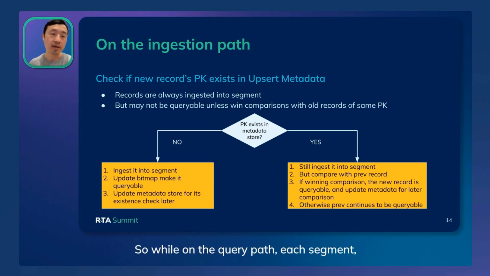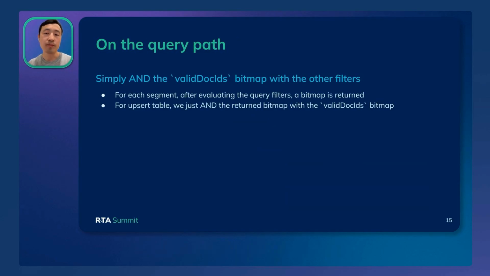While on the query path, in normal Pinot tables, each segment will return a bitmap after evaluating query filters. And this bitmap will provide the matching documents for the following query operators. But for Upsert tables, we actually end this with the valid doc ID bitmaps, so that the following query operators will only process the valid matching documents.